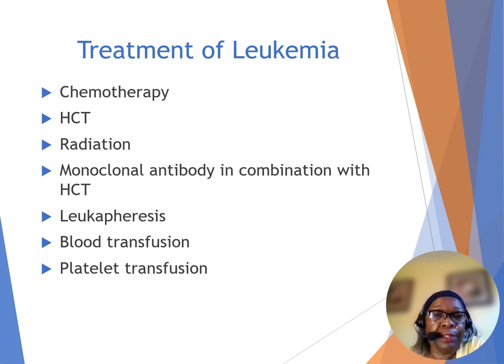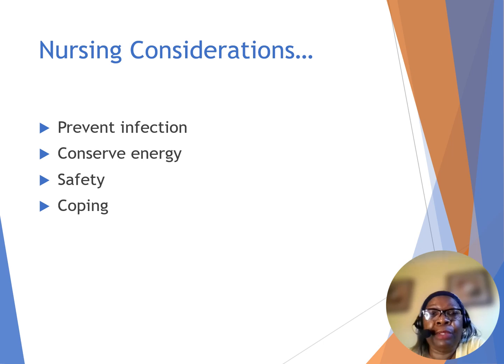Okay, very good. Now, what do we need to consider? We need to instruct the patient to eat cooked foods because raw foods contain bacteria that could cause infection. Diligent hand washing, meticulous oral care is warranted.